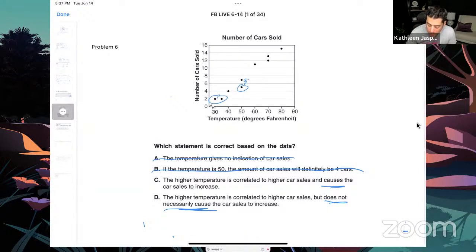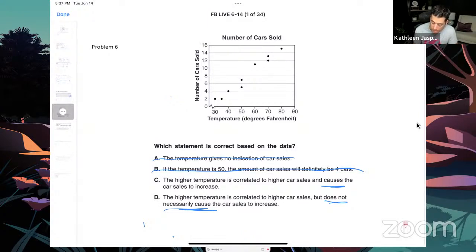Well, if it says higher car sales cause, that means no matter what, if you have high temperature, you're having high car sales. You would never have that one or that one or that one, right? I know it's a matter of semantics because with D, the higher temperature is correlated.